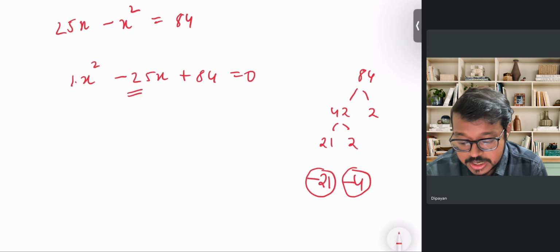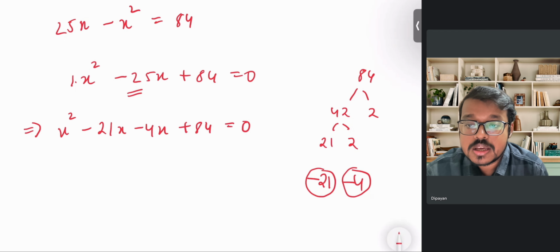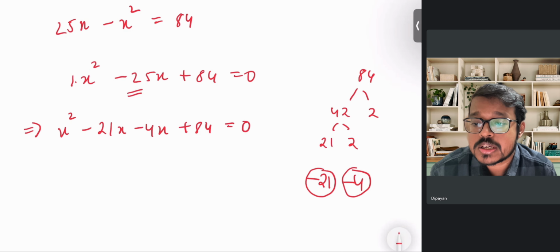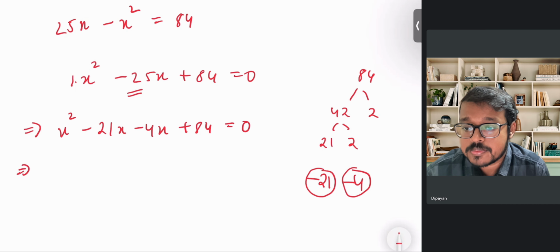So then the next step can be x square minus 21x minus 4x plus 84 equals to 0. So the minus 25x, the middle term, I can split it as minus 21x and minus 4x. Then take common factor from first two terms.